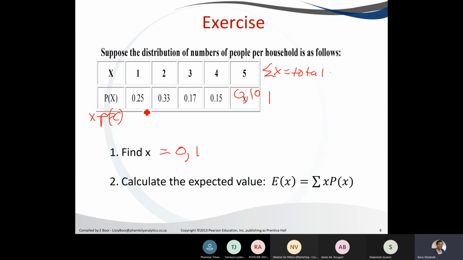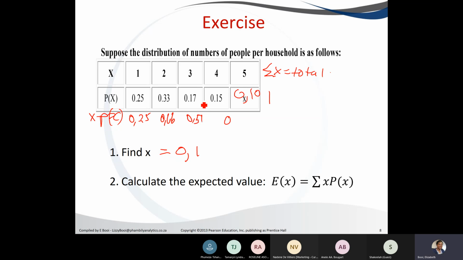For 0.25, 0.25 times 1 is 0.25. 2 times 0.33 is 0.66. 3 times 0.17 is 0.51.